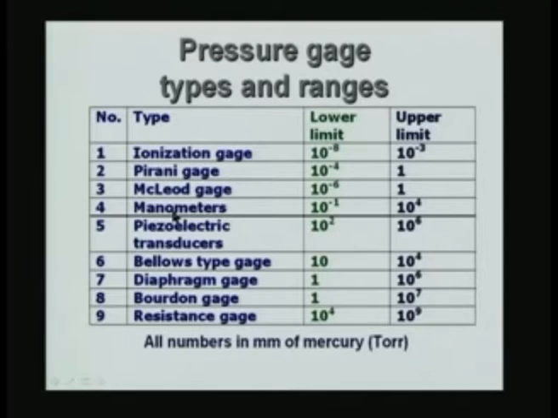And then we have the familiar manometers, which are used for measuring from a lower limit of 10^-1 to about 10^4 at the upper limit. And in fact, McLeod gauge is also a manometer in some sense, but the way it is used is slightly different from an ordinary manometer, and therefore, we will be describing that later on in some more detail.